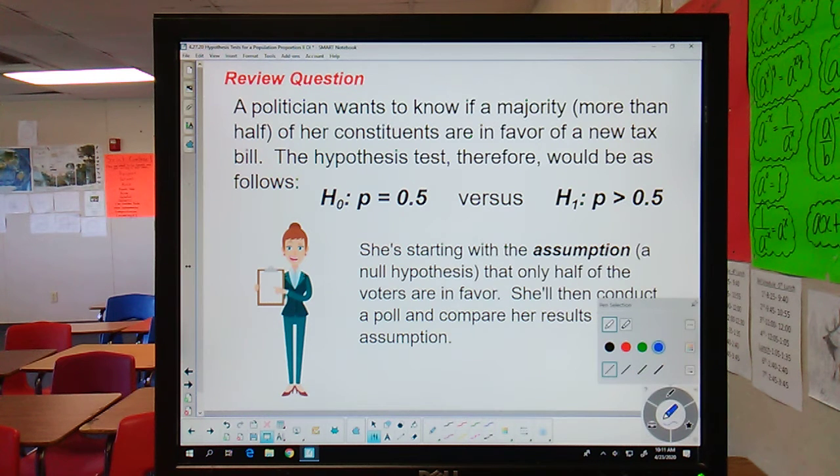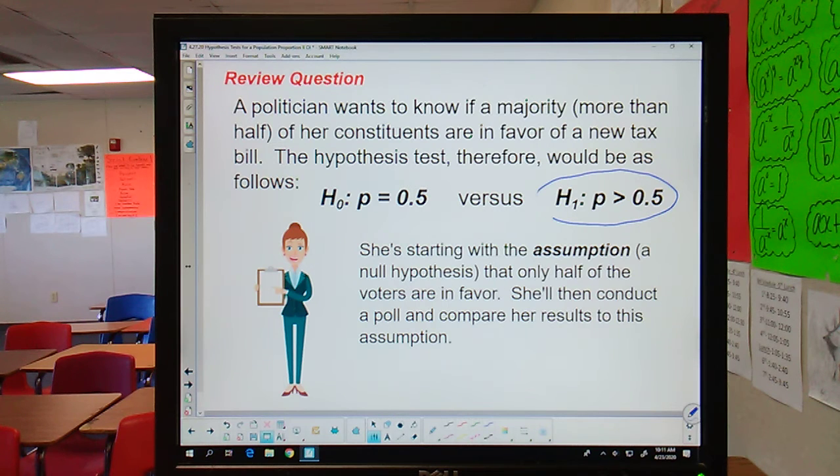And then she wants an alternative that the proportion is greater than 50%. So she's starting with the assumption, a null hypothesis, that only half of the voters are in favor of this tax bill. She'll conduct a poll and compare her results to this assumption.